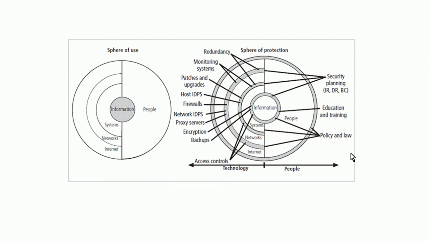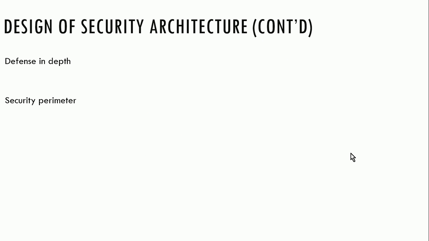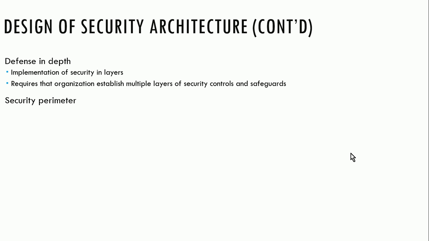So, security architecture is sort of a standardized way to protect your IT infrastructure. For example, there are two very basic security architecture concepts. We can get into much more detail here, but two very basic concepts are, one, defense in depth, where we implement our security in layers, and it requires that organizations establish multiple layers of security controls and safeguards.